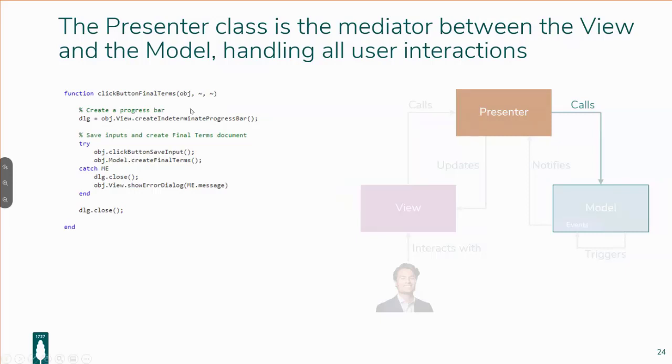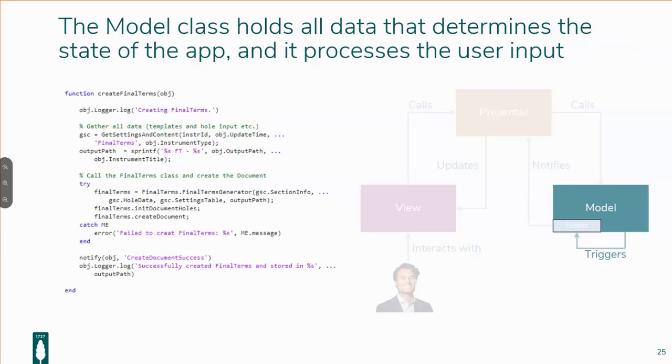For example, if we click the create final terms button, it will make sure that we call the create final terms method in the model class. And the model class in turn holds all the data and determines the state of the app, and thereby contains all the logic of it. And it processes the user input, as can be seen here, for example, by getting the user input from the application or from the database and passing it on to the actual document generator.